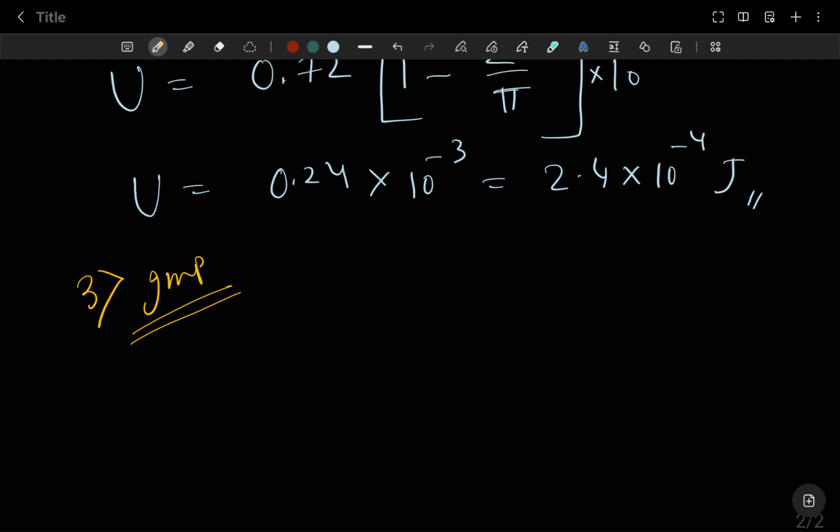They ask that an electric bulb is designed to consume 55 watt when operated at 110 volts. It is connected to a 220 volt 50 hertz line through a choke coil in series. Choke coil means an inductor, right? What should be the inductance of the coil for which the bulb gets correct voltage?